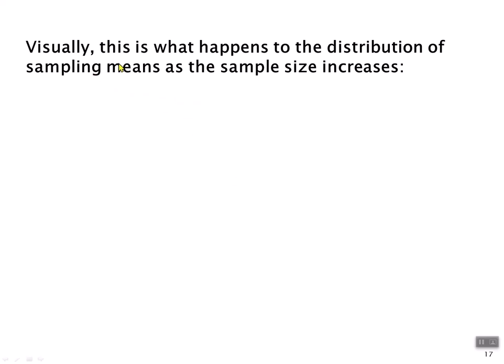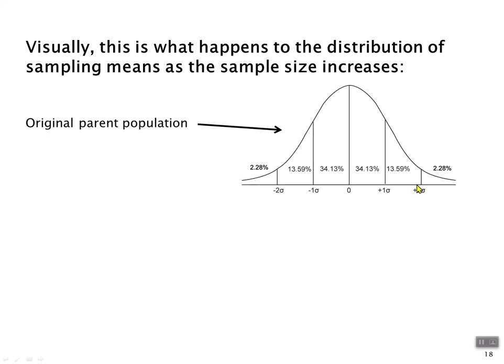So this is what happens visually to sampling means as you increase the sample size. Let's say we start with an original population that looks like this. Whatever it is that we're measuring doesn't matter. And in fact, we don't know what the original population scores are because we don't have access to the whole population. If we sample just one person, there's a 2.28% chance that that one person can come from this zone.